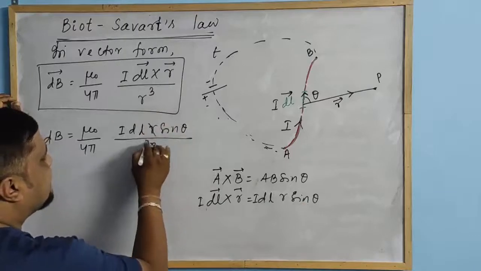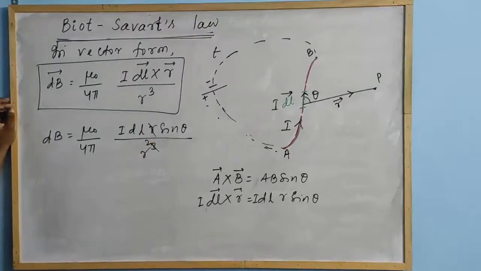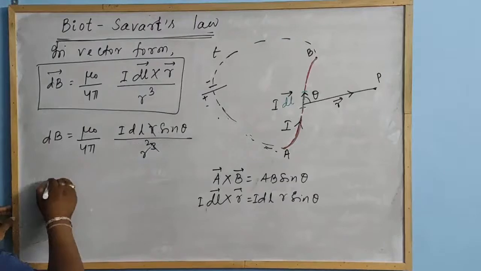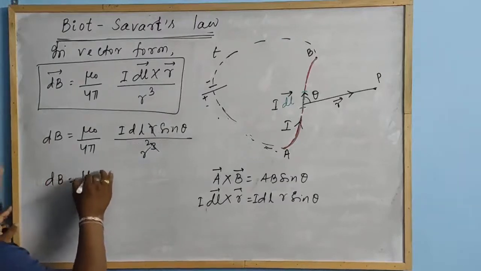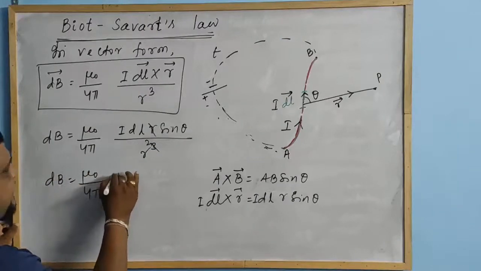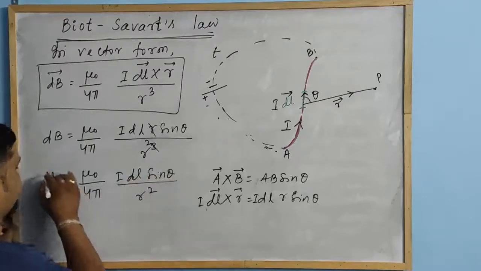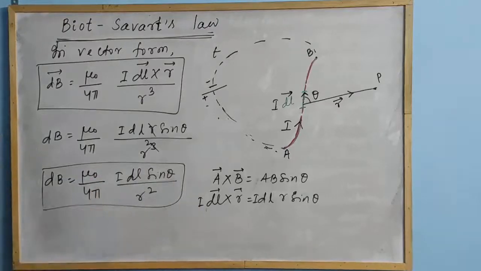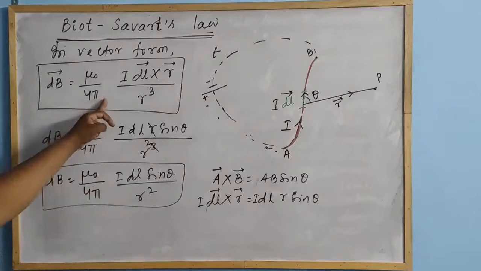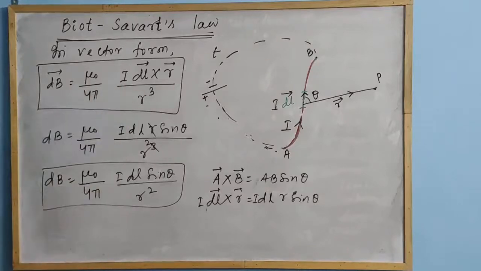One r gets cancelled, so it is r square. The magnitude is mu naught by 4 pi I dl sin theta by r square. Already you have derived this, isn't it? So in vector form you can write it like this.